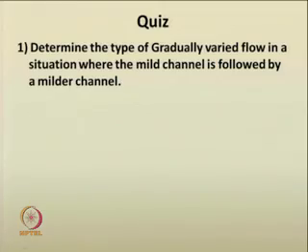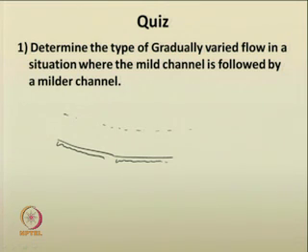So, the solutions for today's quiz. The first question is very simple and straightforward. You are asked to determine the flow profile in a situation of a mild channel followed by a further milder channel. So, you have the critical depth the same for both. The normal depth in the mild channel is less than the normal depth in the milder channel.